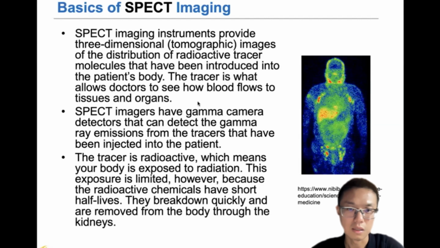This tracer is what allows doctors to see how blood flows to tissues and organs, just as shown in this image. You can see how the blood flow is distributed across different tissues and organs of the human body. And these SPECT imagers have gamma camera detectors that can detect the gamma ray emission from the tracer.